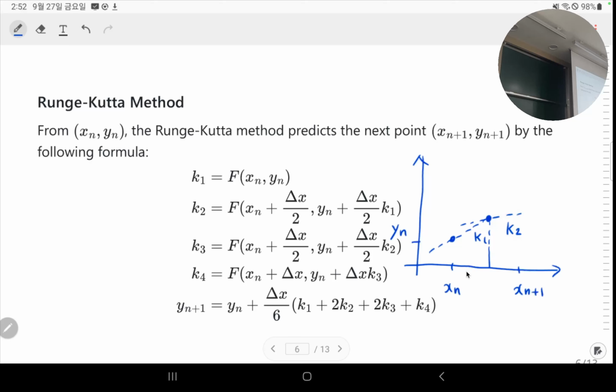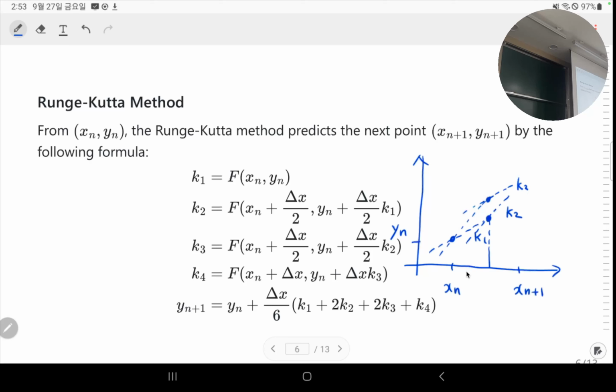So this is k2. Maybe I should draw in a different direction. Let's put it this way: this is k2. Then I take this slope back to the first point, xn and yn, follow this slope, and move halfway distance. I'm here, and I compute the slope again here.